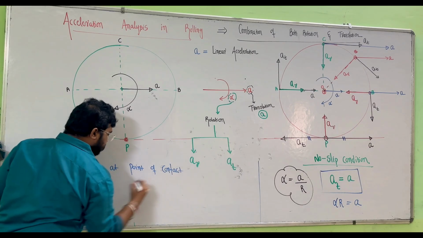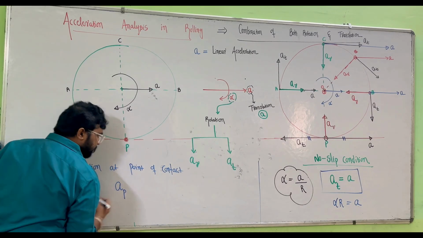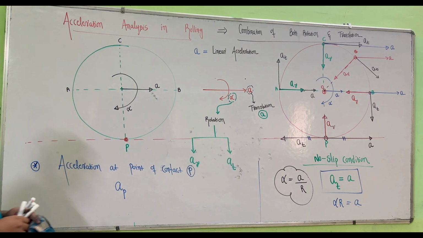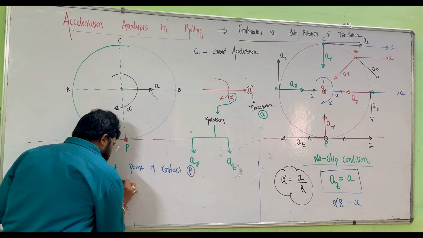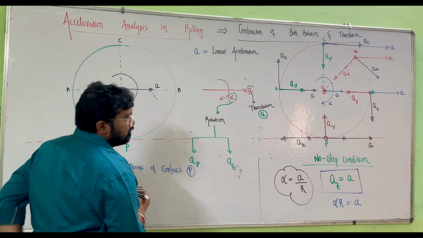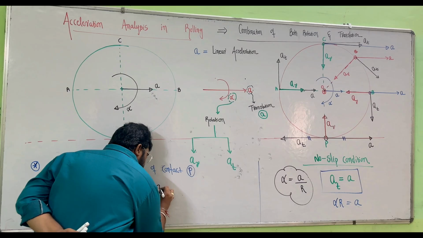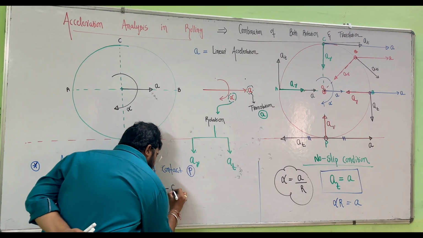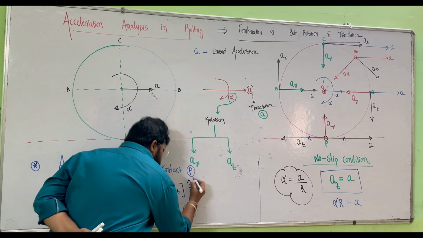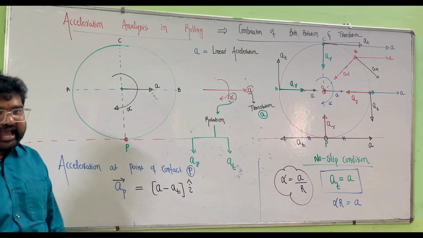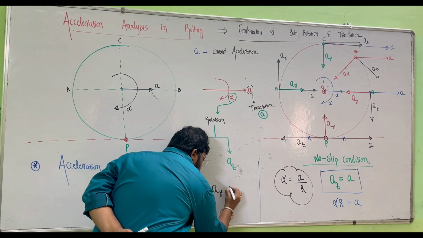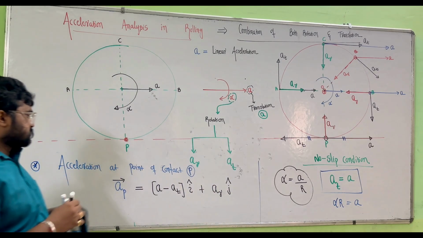Acceleration at point of contact P. A_P bar equal to how much? A minus A_T in I cap, plus A_R in J cap.